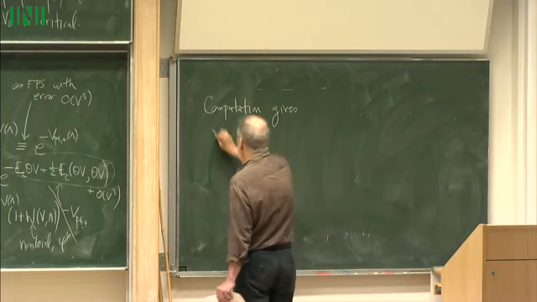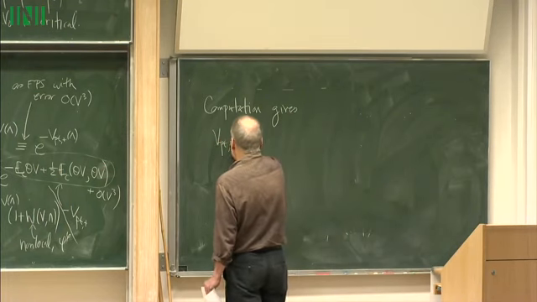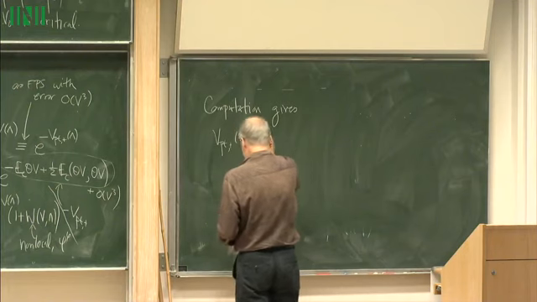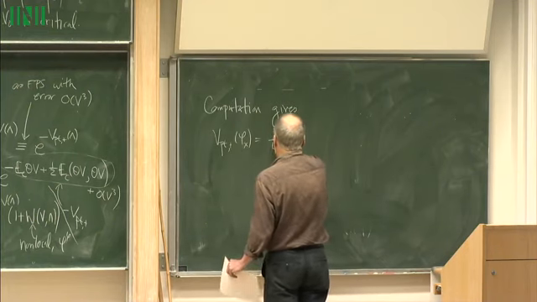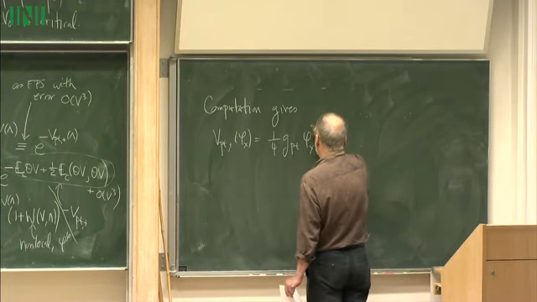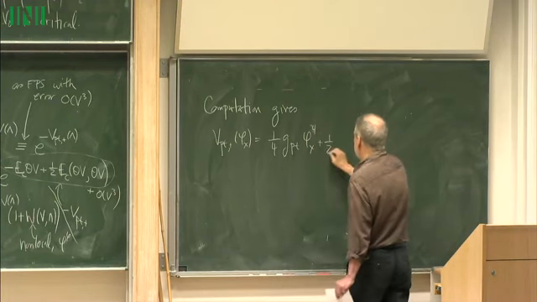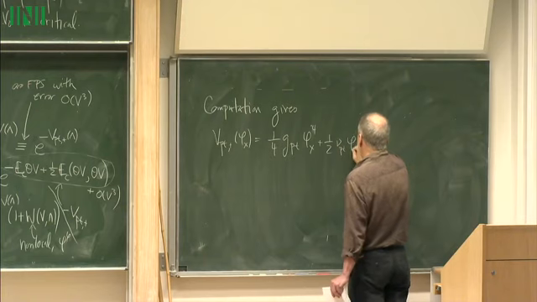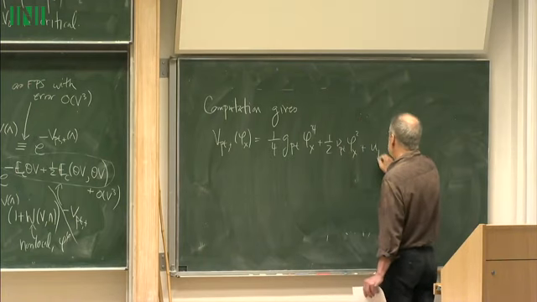So it gives that VPT of phi x is equal to 1/4 gPT phi x to the fourth plus 1/2 nu PT phi x squared plus uPT, which is a constant.